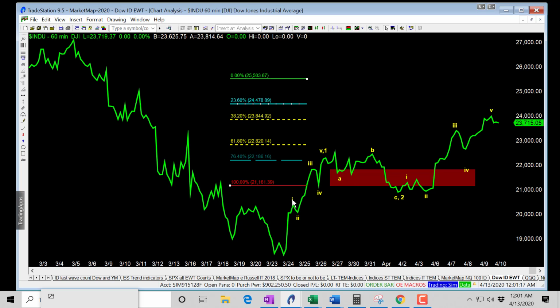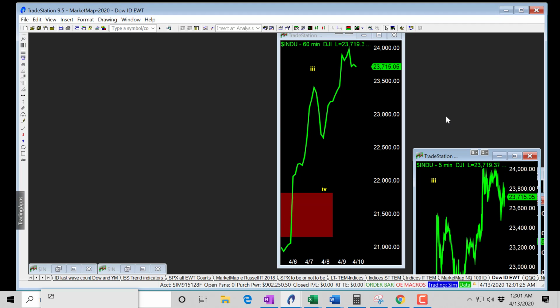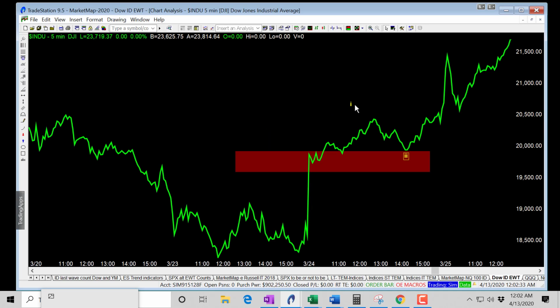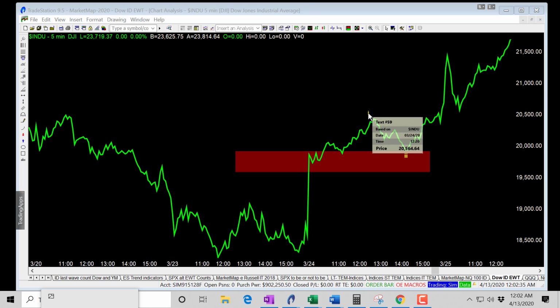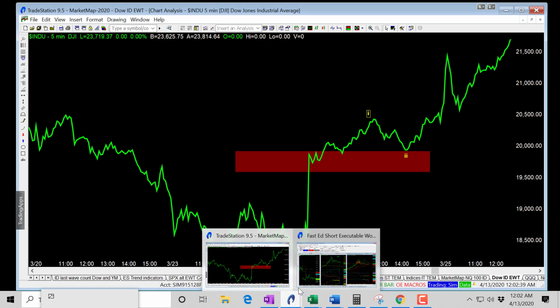Let's take a look at this first wave. Okay, so you go down to your 5-minute bar, and you'll find that within that first wave, you've got a little 5 up. You can look inside the 5-minute bar, and you can see your 5 up.